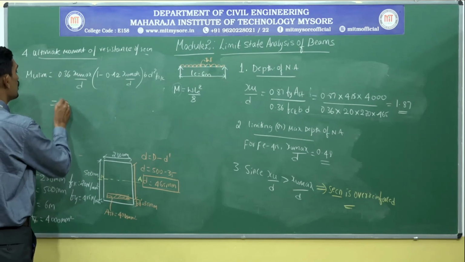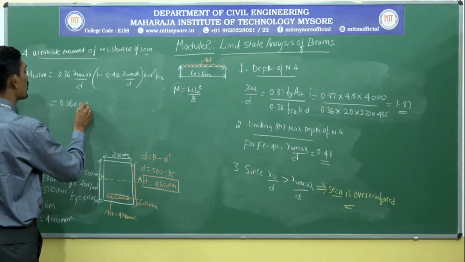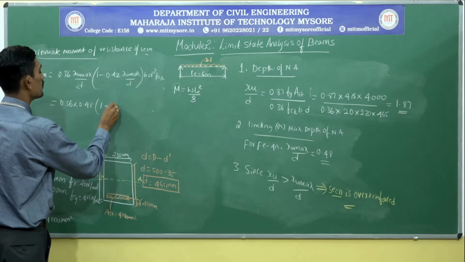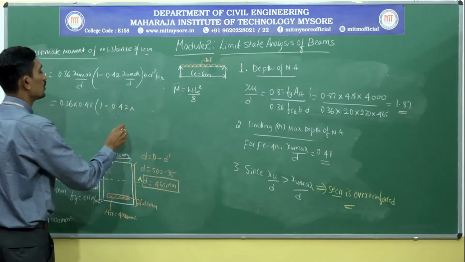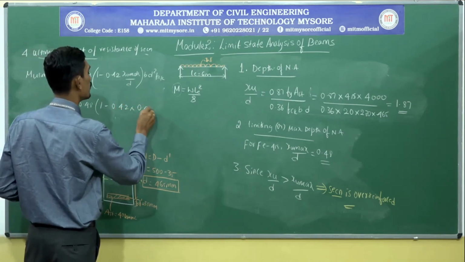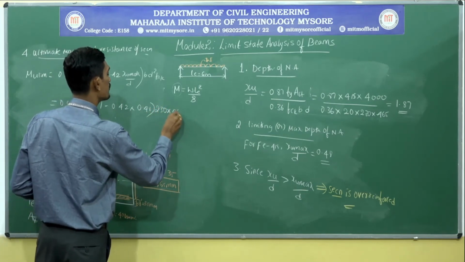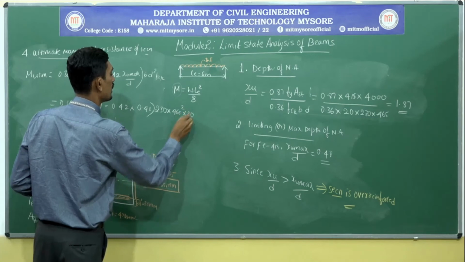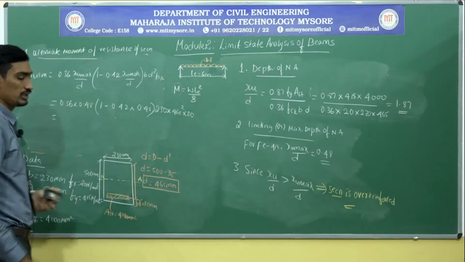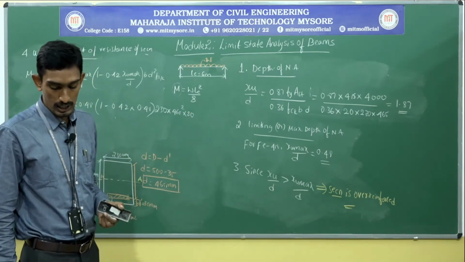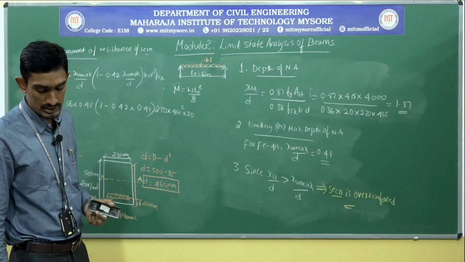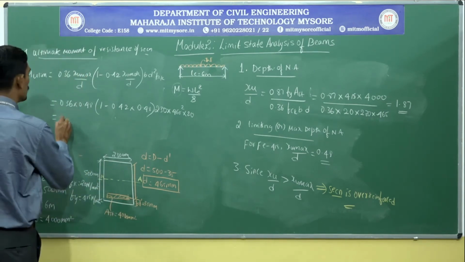Okay. So 0.36 into 0.48, 1 minus 0.42 into 0.48. The width is 230, effective depth 465 square into 20. So this works out to be 137.26 kilonewton meter.